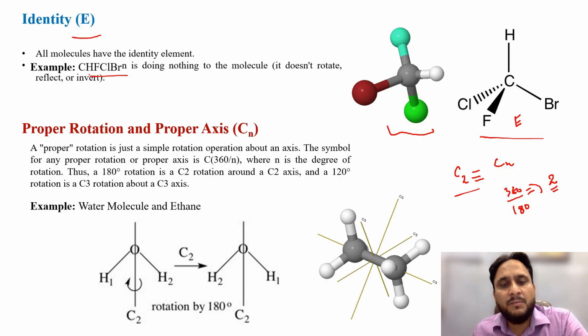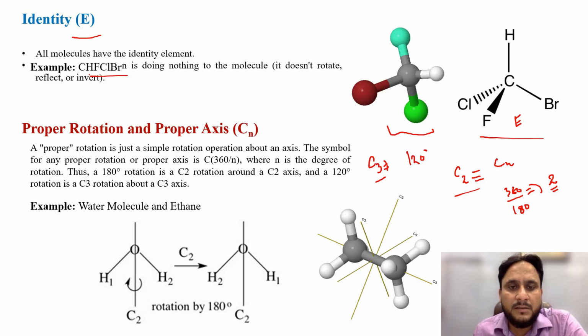Then, for example, if we have a C3 axis, a C3 axis means an axis through which, if the molecule is rotated by an angle of 120 degrees, we obtain the original molecule.